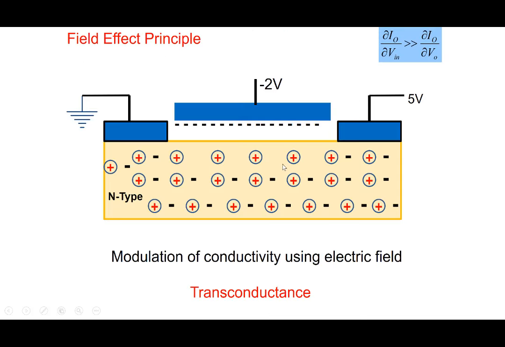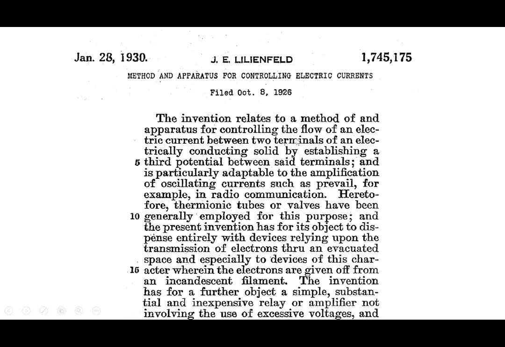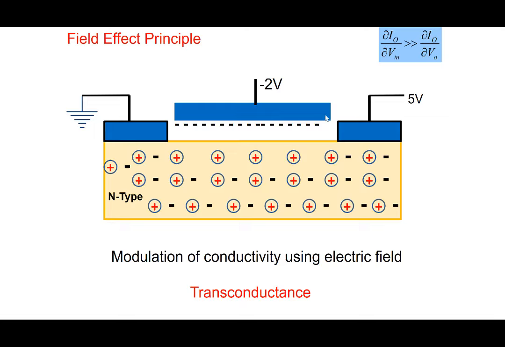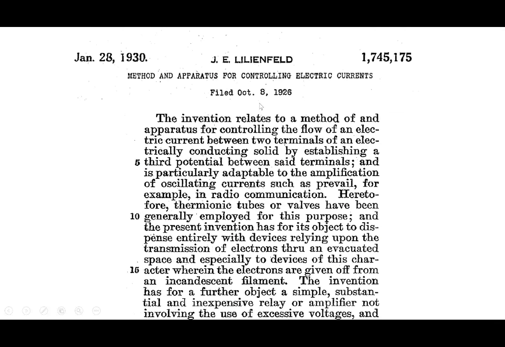But if you read the details of this patent, what he was describing was this field effect principle: how we can control the current flowing between a pair of terminals by applying a voltage across a separate pair of terminals. So he was describing how one could construct a transistor.